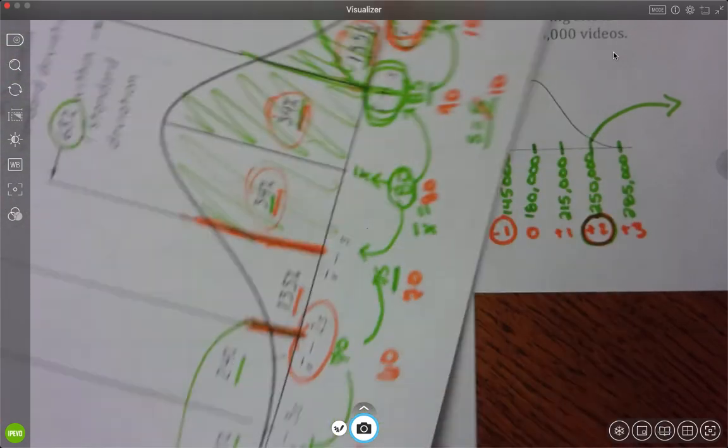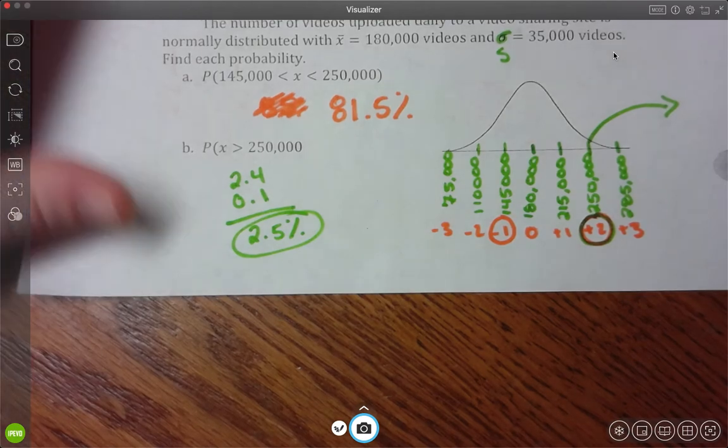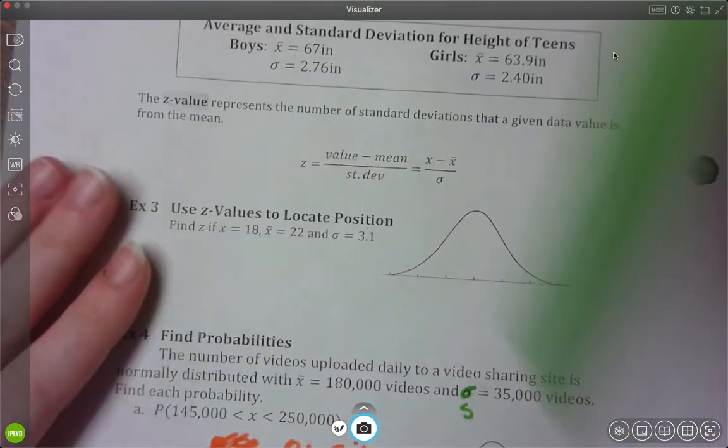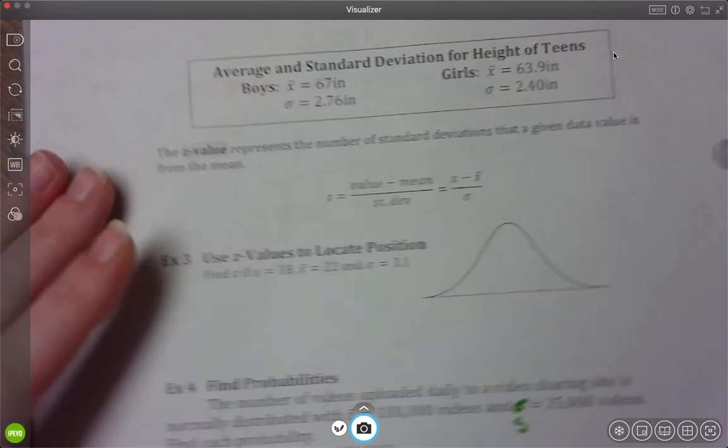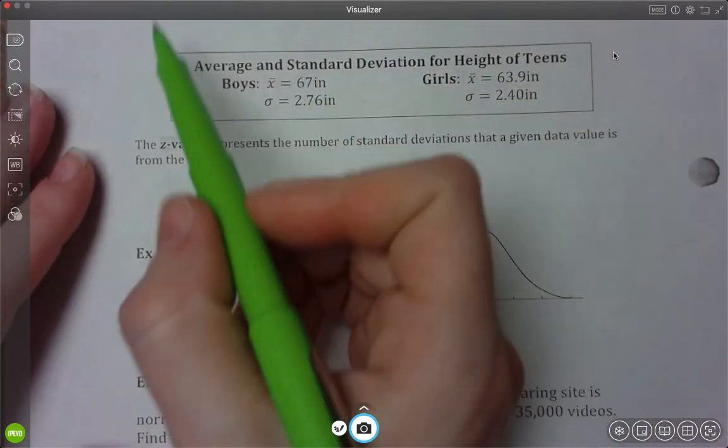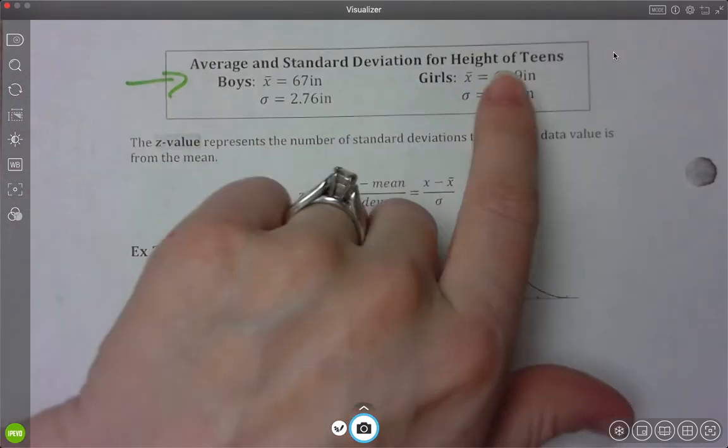Okay, so going back to example 3, one more thing that I want to add on here, and this is kind of hard for people to wrap their head around just a little bit. So I'm going to talk about the average and standard deviation of heights of teens.